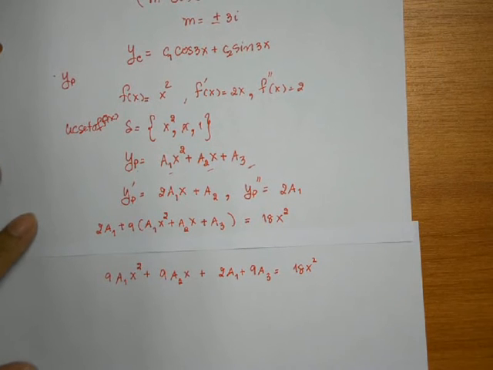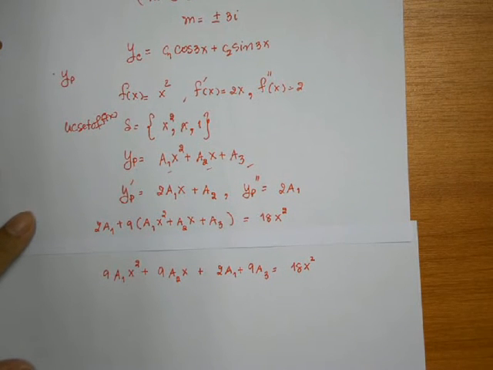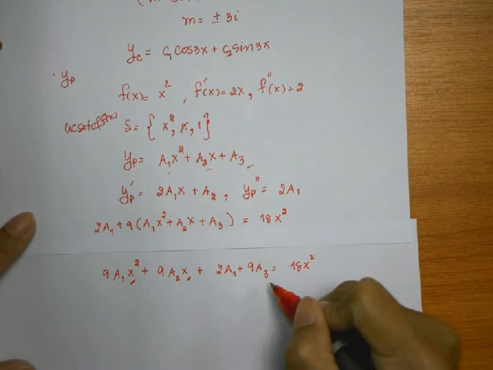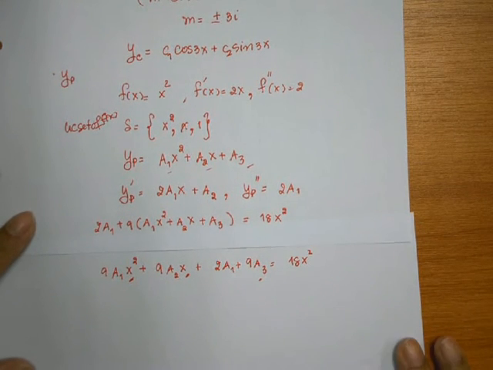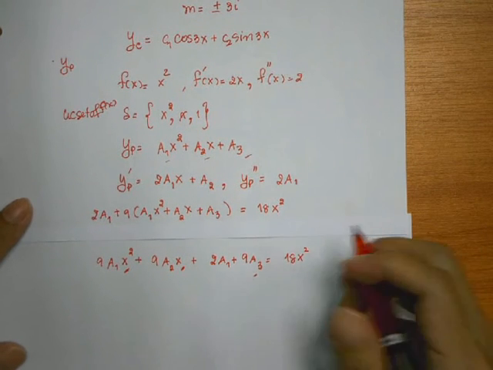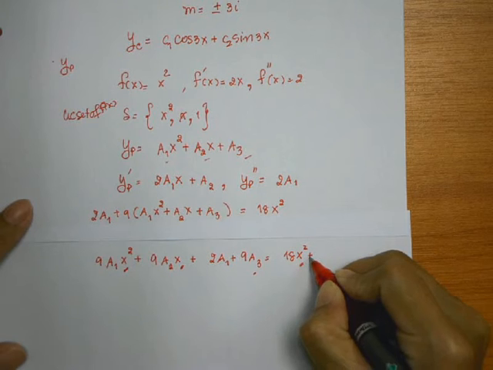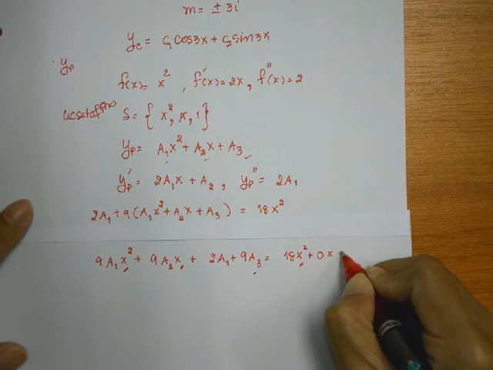Now, if you take a look at the left-hand side, you see x squared, you see x, and then you see the constant. On the right-hand side, you have only x squared. But do we have x and do we have the constant? I would say, of course we have, but with zero coefficients.